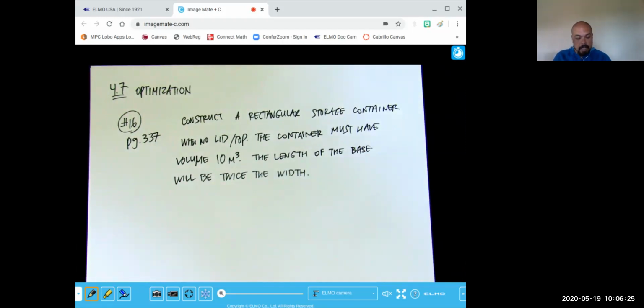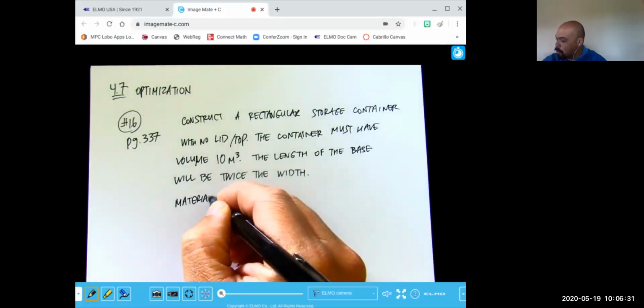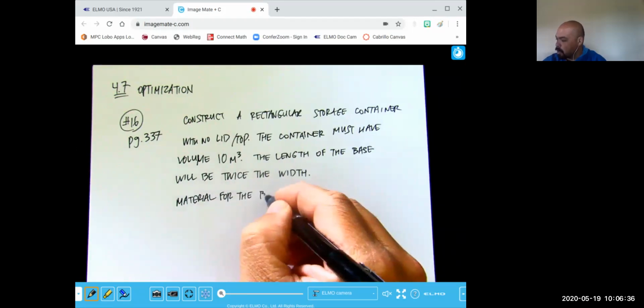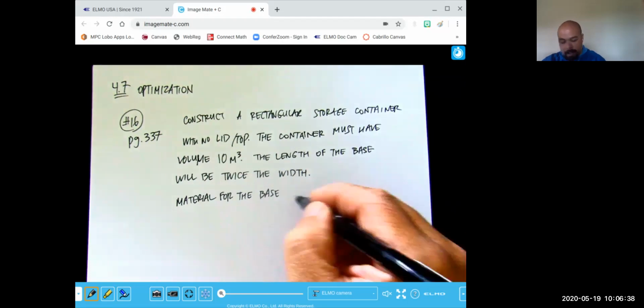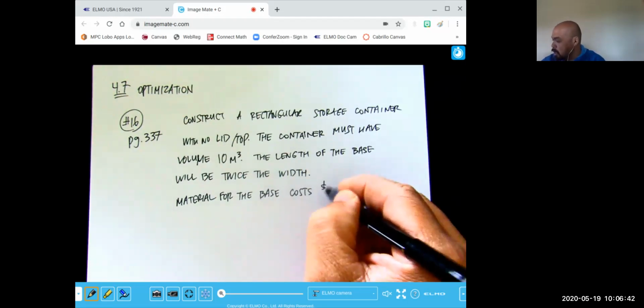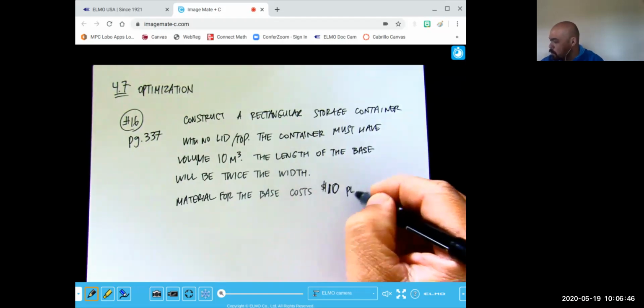And then now coming into the money side of it, material for the base, because you want to have a sturdy base that's going to be able to hold that weight, costs $10 per square meter.